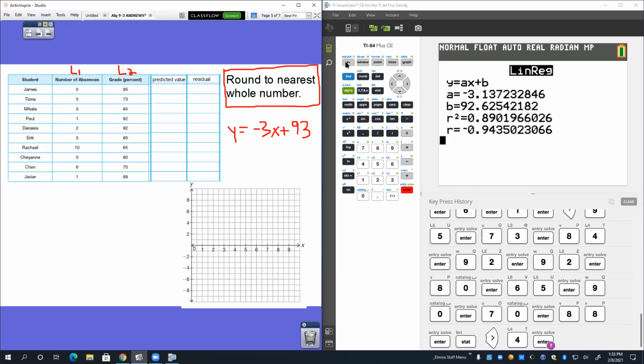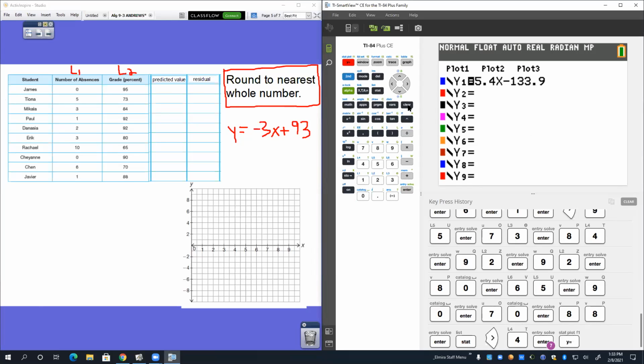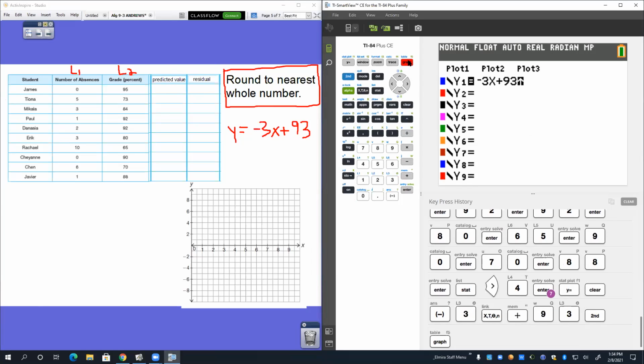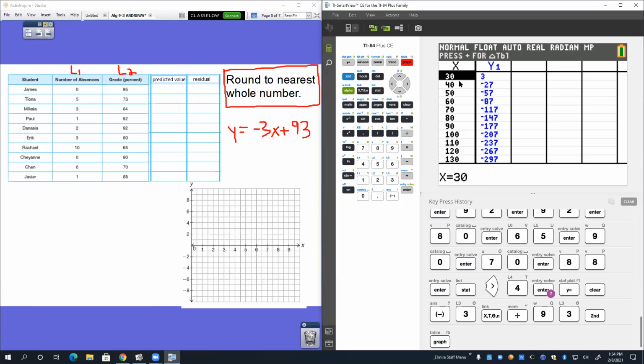So for the predicted values, I want to go to my Y equals. I want to clear out the equation from the previous problem, and type in -3x plus 93. And now I want to find my predicted values from my table.